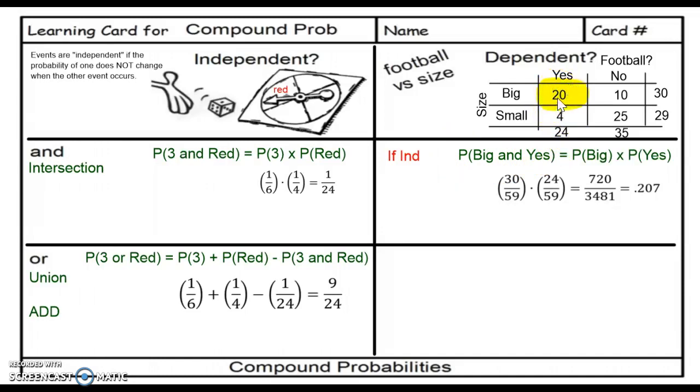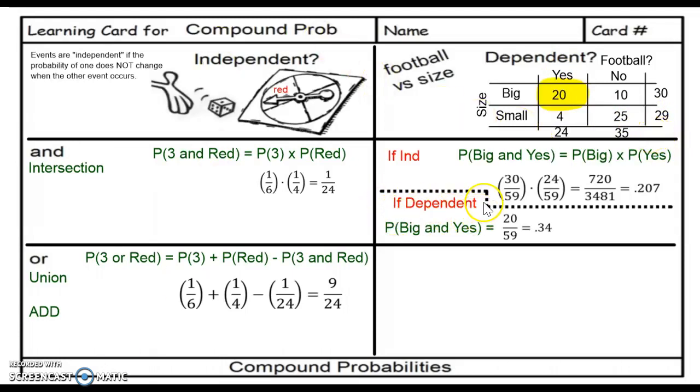There are 20 people that are both big and, yes, they play football, so that would be 20 out of the grand total, which is 59. So what is that equal to? If they were dependent on each other, then the probability of being big and playing football would be 20 out of 59, which is 34% or 0.34.